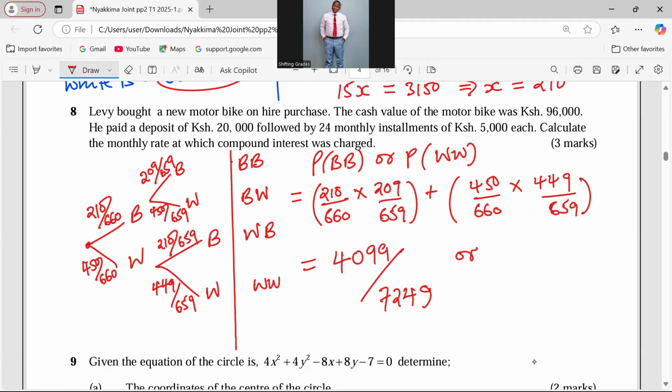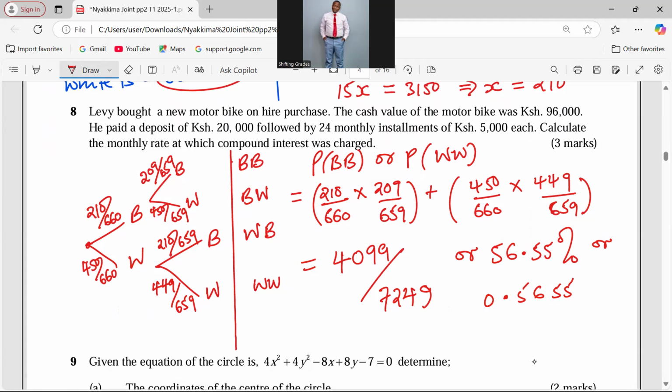Or simply, this can be given as a percentage of 56.55%, or as a decimal of 0.5655.